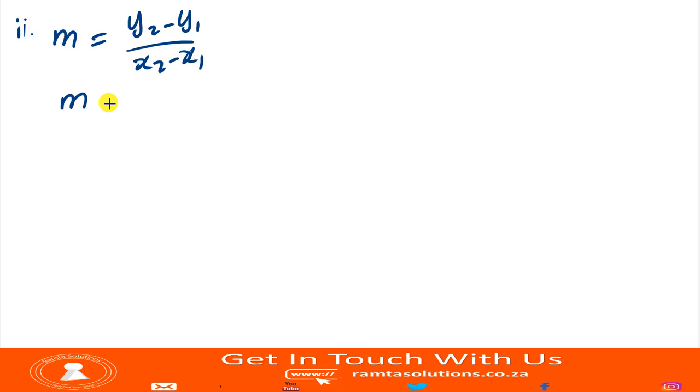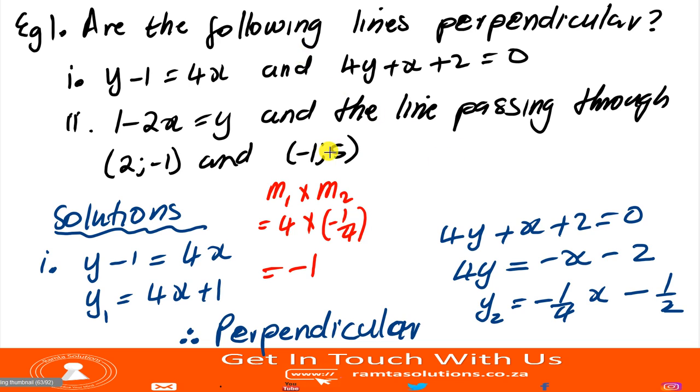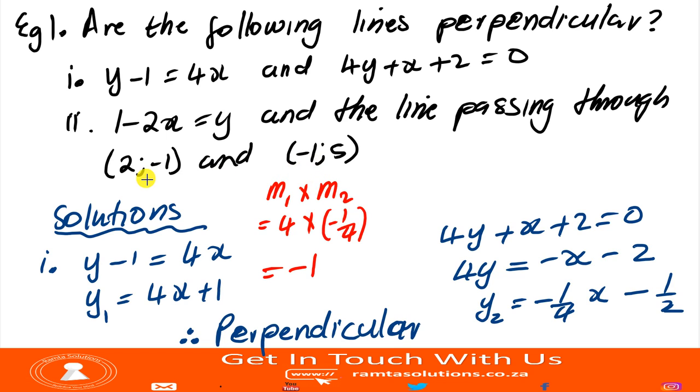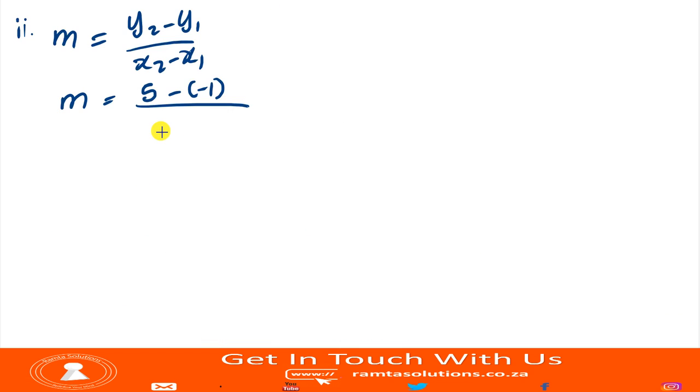What is this? This is 5 minus 1 (sic: 5 minus negative 1), and then it's minus 1 minus 2 (sic: minus 1 minus negative 2).